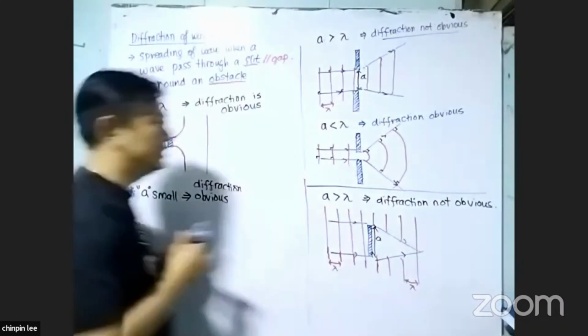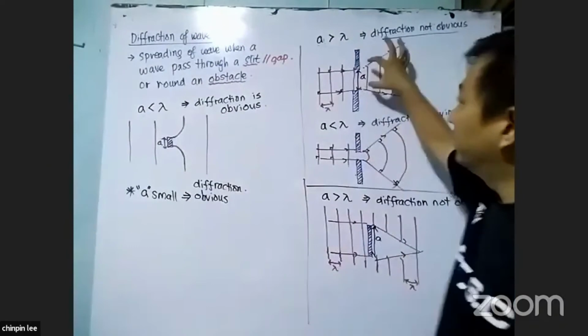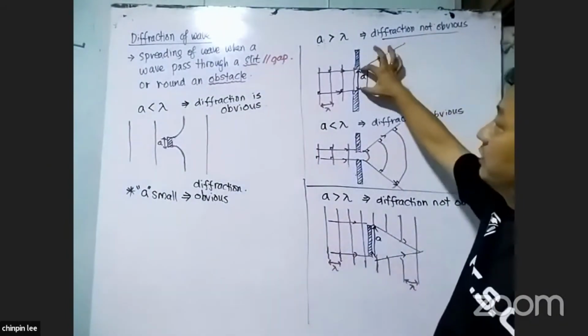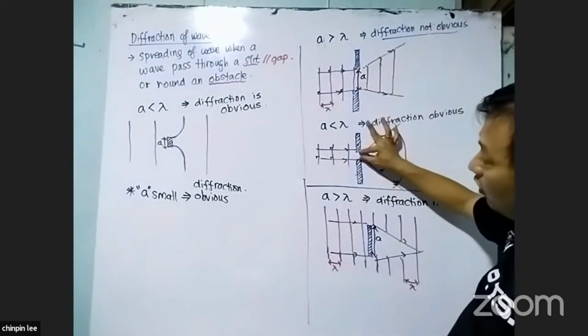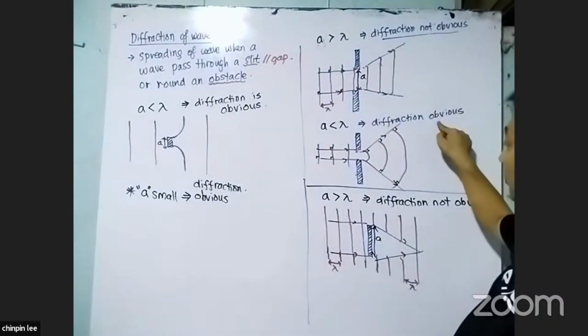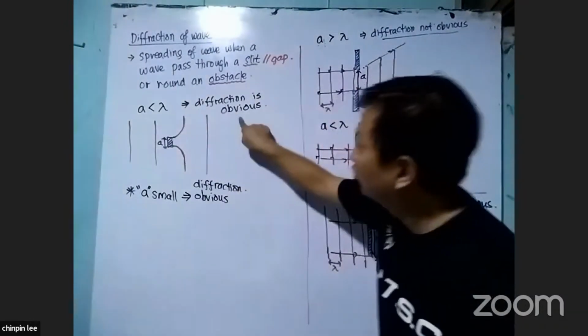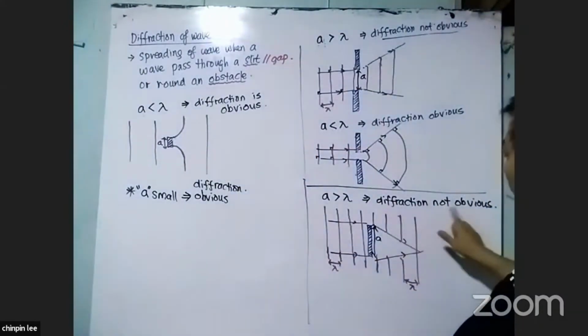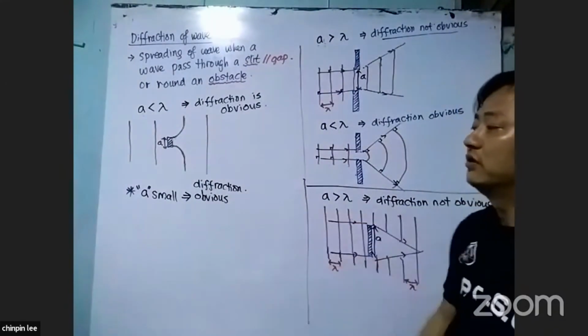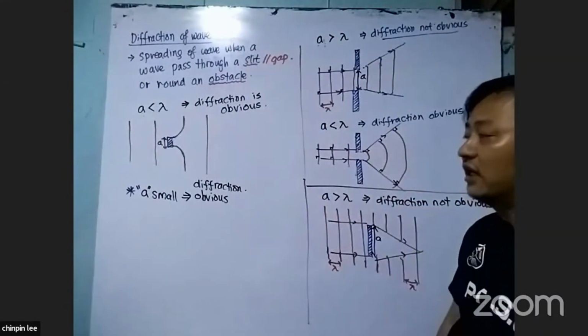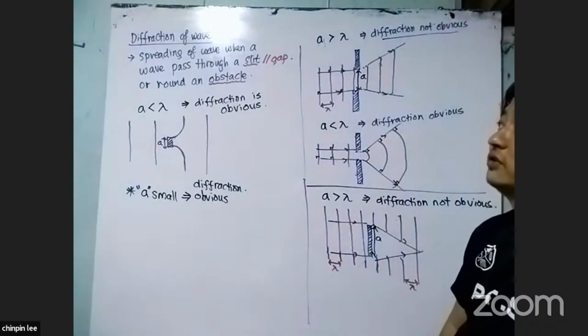When A is big, it is not obvious. A is small, obvious. A is big, not obvious. I want you to memorize. When the A is small, then the diffraction is obvious. That's all.